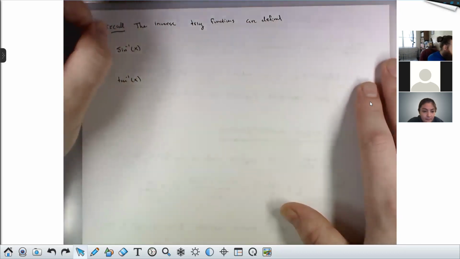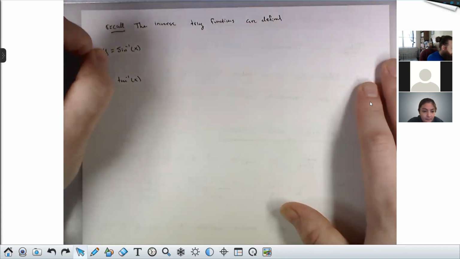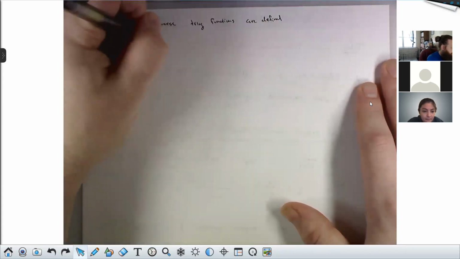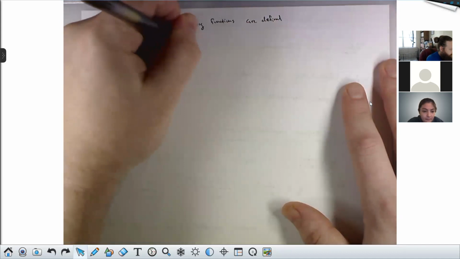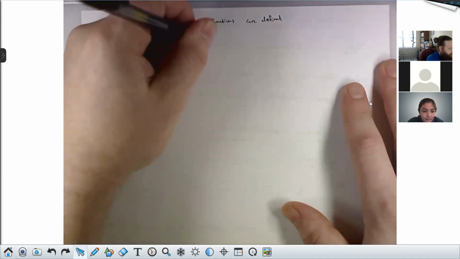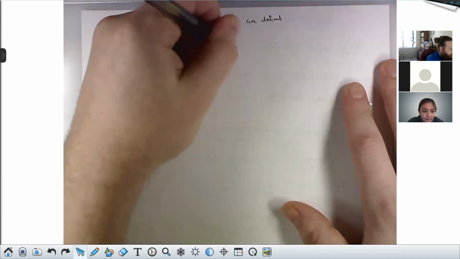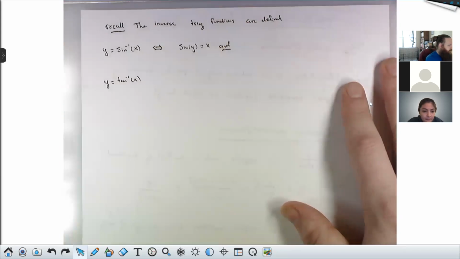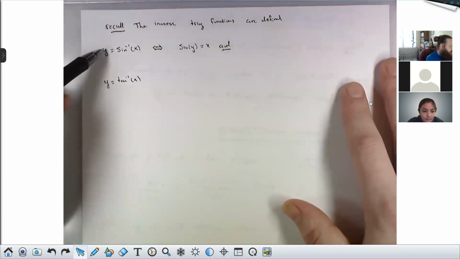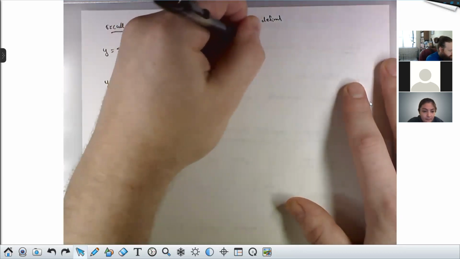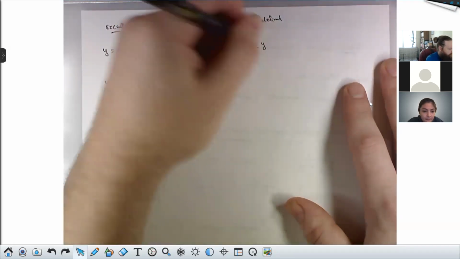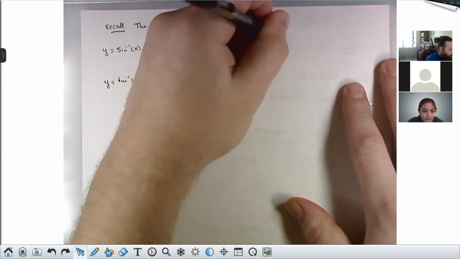So we say y is equal to the inverse sine of x, or y is equal to the inverse tangent of x, if and only if the sine of y is equal to x, and we also need y, my angle, to be restricted from negative pi over 2 less than or equal to y, less than or equal to positive pi over 2, for sine.